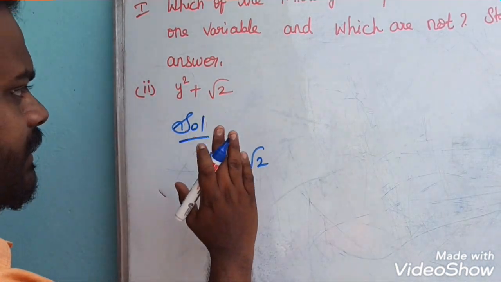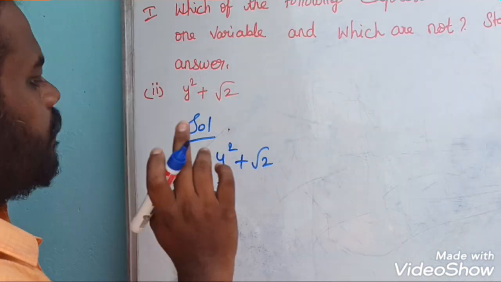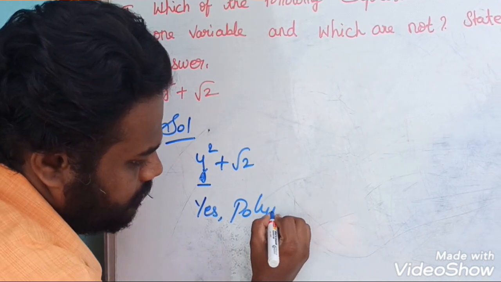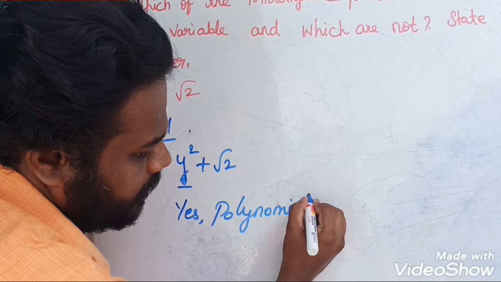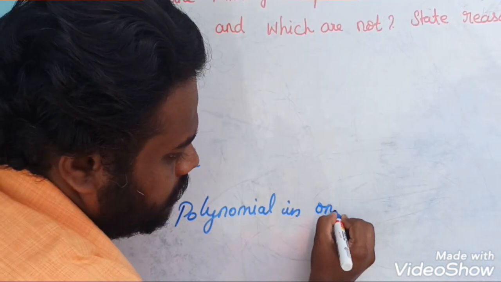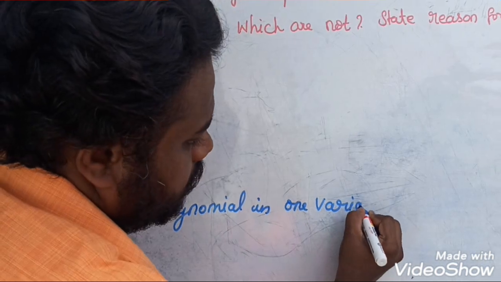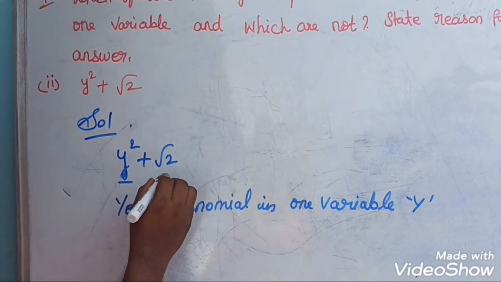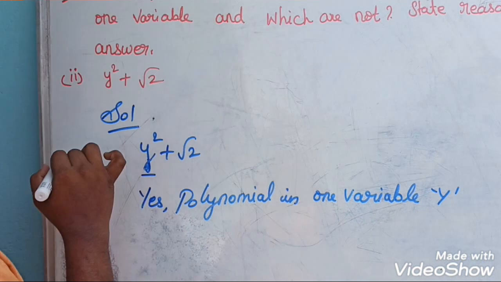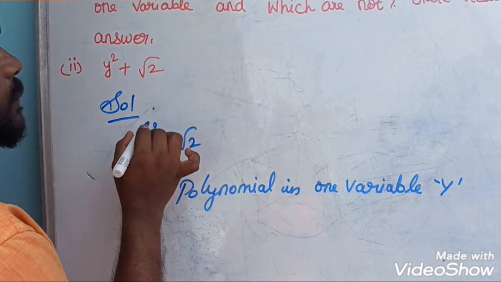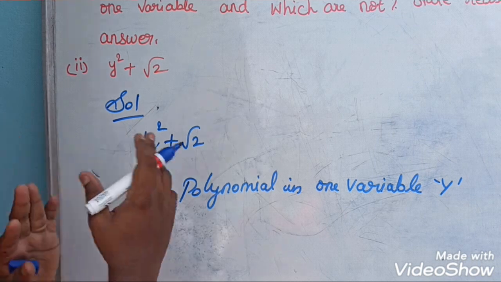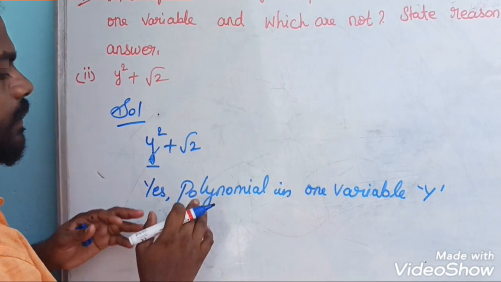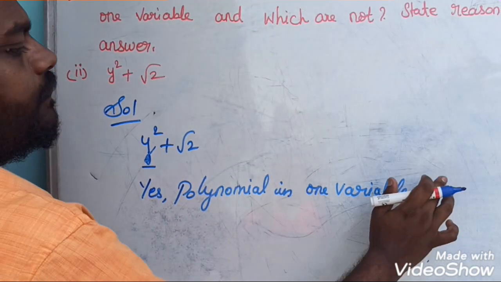So this is a polynomial in one variable y. The expression contains only one variable, the variable is y, the power of that variable is 2, and 2 is a whole number. Because of that, this expression satisfies the conditions for a polynomial. So yes, it is a polynomial in one variable y.